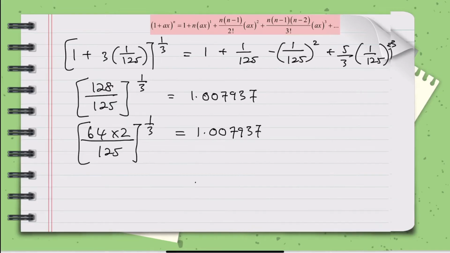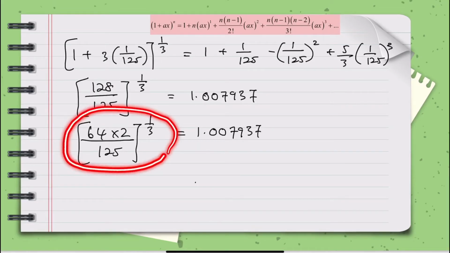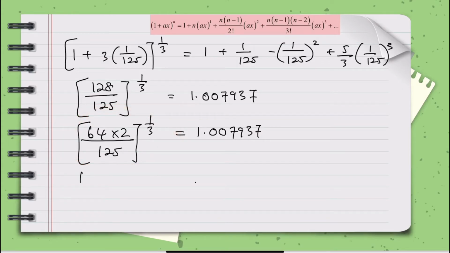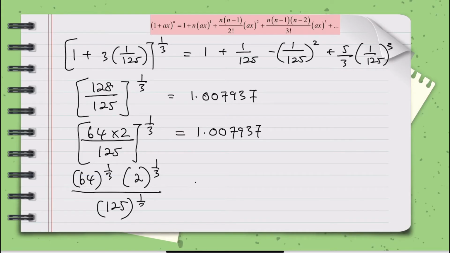Next, you can simplify the left side by using rules of indices, where it equals 64 to the power of 1 over 3 multiplied by 2 to the power of 1 over 3 over 1.5 to the power of 1 over 3, which equals 1.007937.